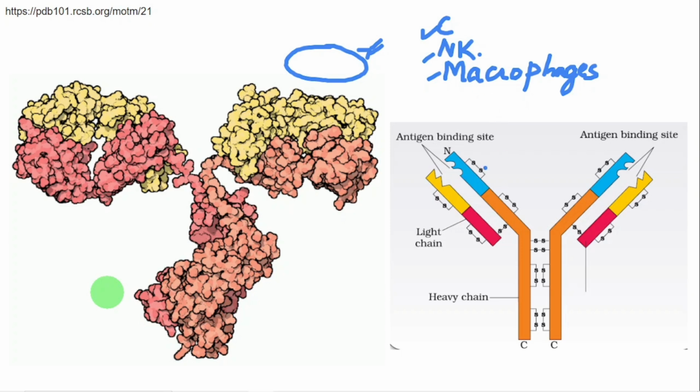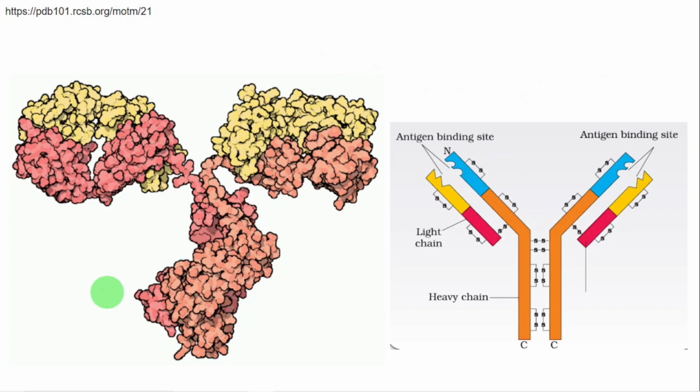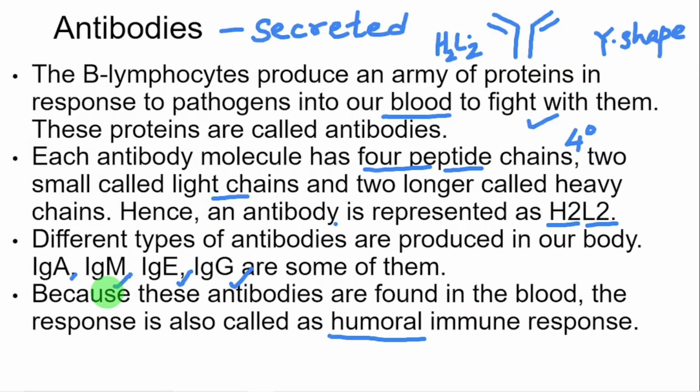So one end has to engage a variety of microorganisms and the other end has to maintain the constancy in the immune response. So this is an excellent example of high degree of variety and high degree of constancy in the same molecule. And this is the reason it took a lot of time for scientists to decipher and come down to this structure and finalize the structure of antibodies. So I will not go into the details of it. So what you need to remember is all these statements, and any type of question can be framed on it.